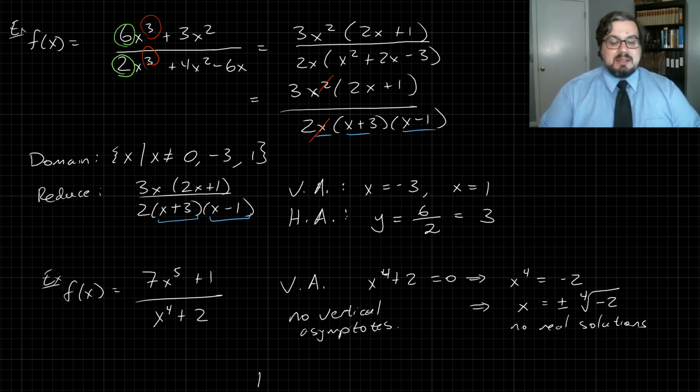For the horizontal asymptotes, we look at the powers, and we've got a 5 and a 4. And in this case, the degree of the numerator is greater than the degree of the denominator, which means that we have no horizontal asymptotes.